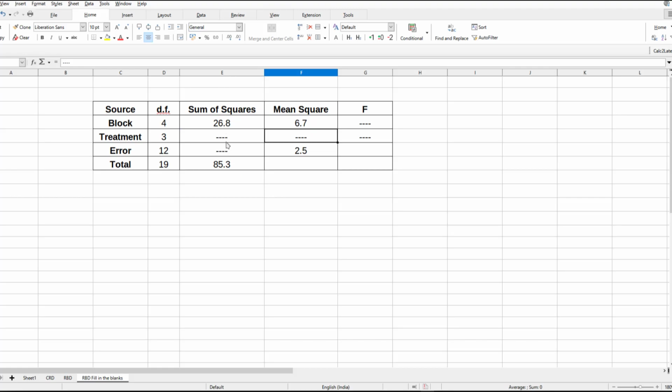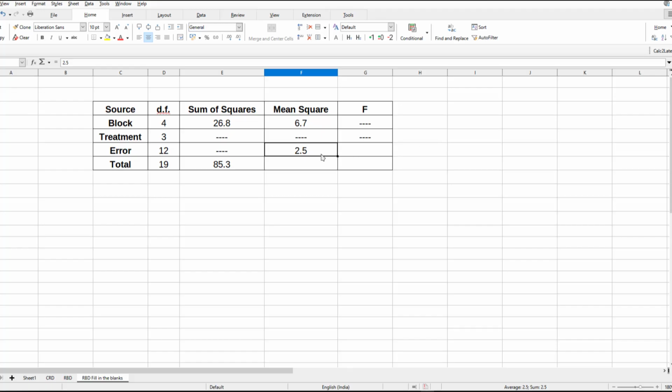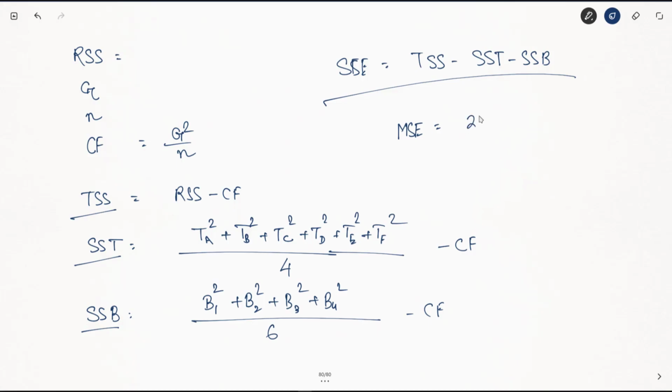Okay, but for treatment we don't know the sum of square, so how can we calculate mean square? It is not possible. But here you can see that mean square for error is given. So mean square for error, MSE, is equal to 2.5.